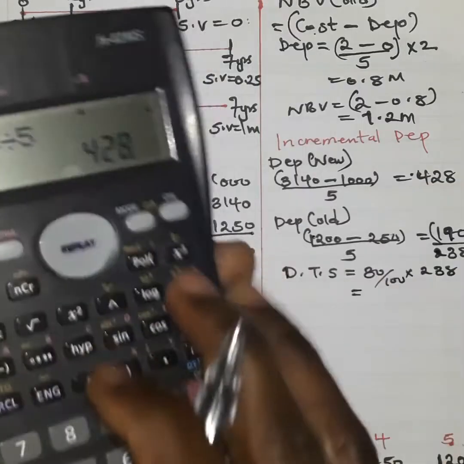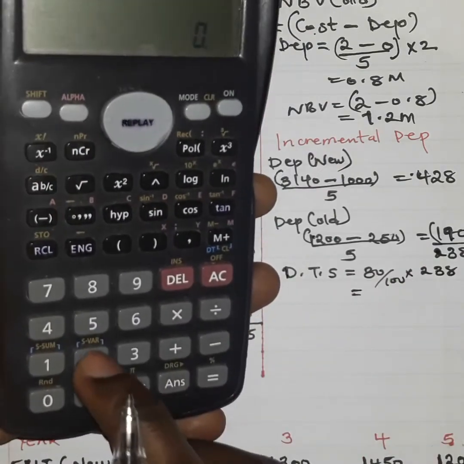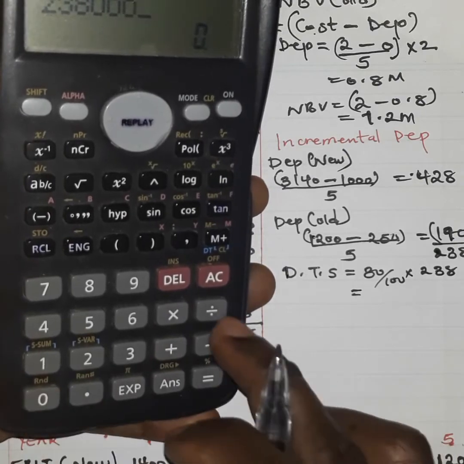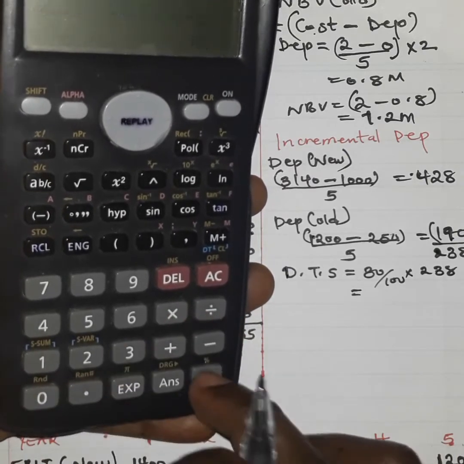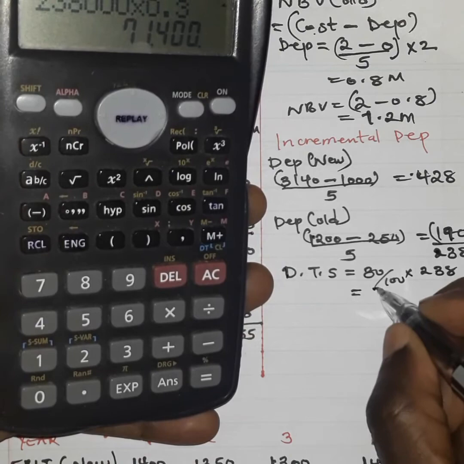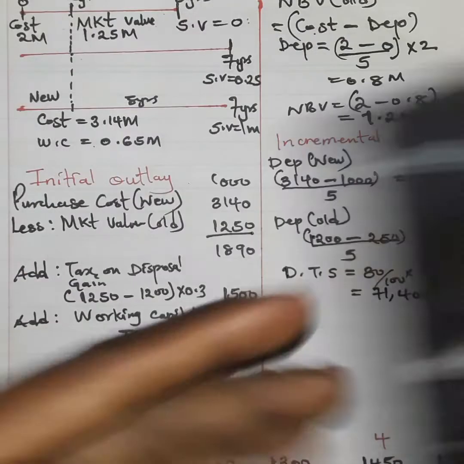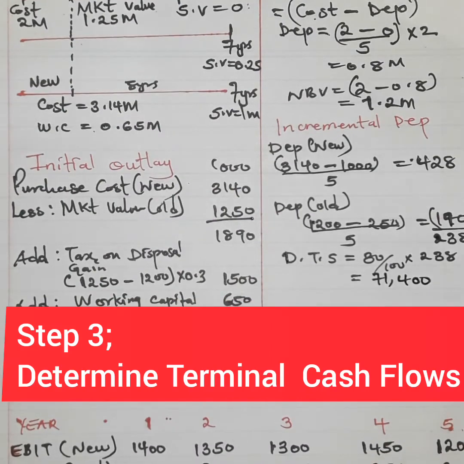So we can do it: 238,000 times 0.3, we get 71,400. This one will be added back when you are getting the incremental cash flows.